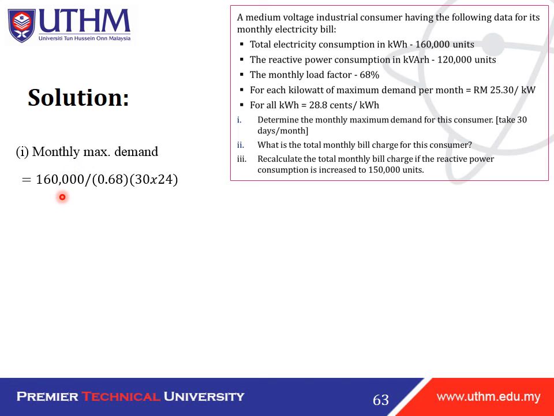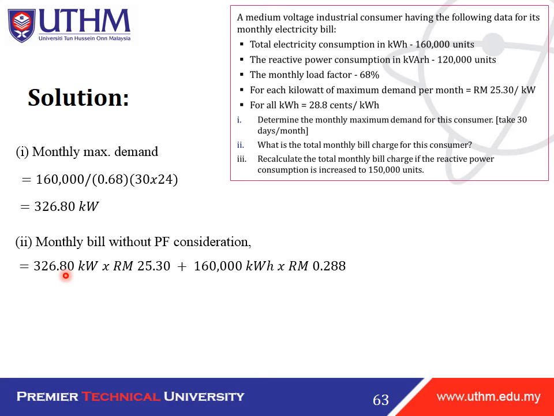So the monthly maximum demand can be calculated by 160,000 kWh divided by 0.68 times 30 times 24 hours. So we got 326.8 kilowatt.